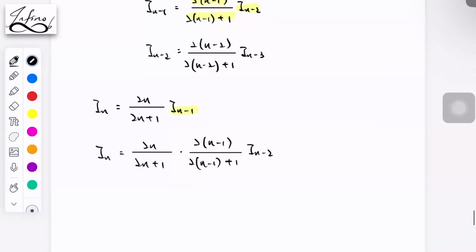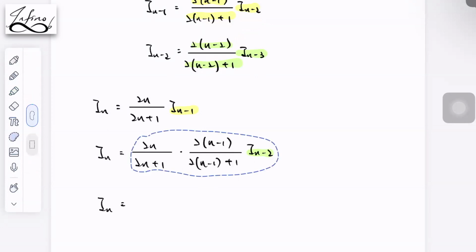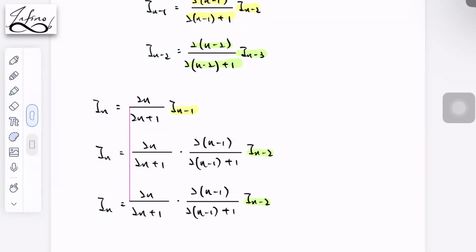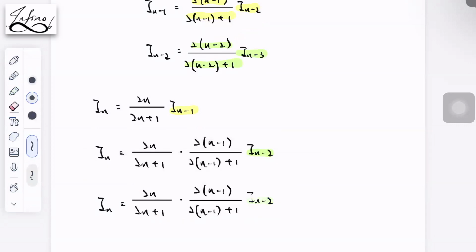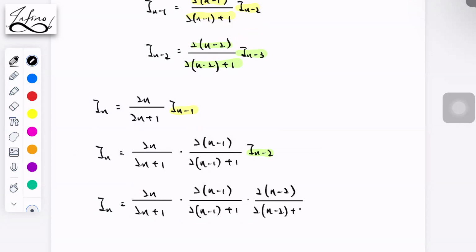Then you can further substitute the green part into your I n minus 2. To save some time, let me duplicate it, delete the I n minus 2, and replace it with 2 bracket n minus 2 over 2 bracket n minus 2 plus 1.